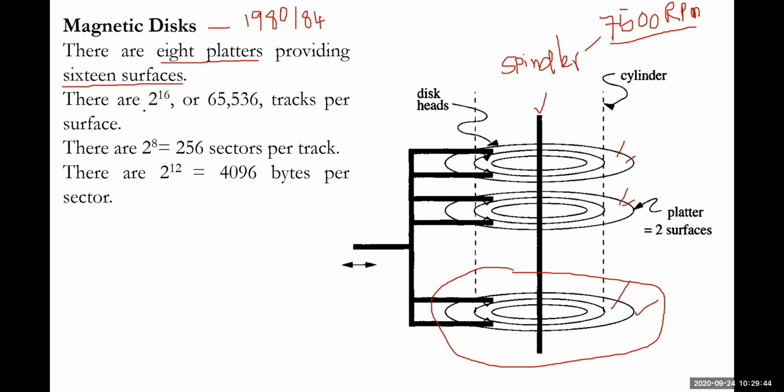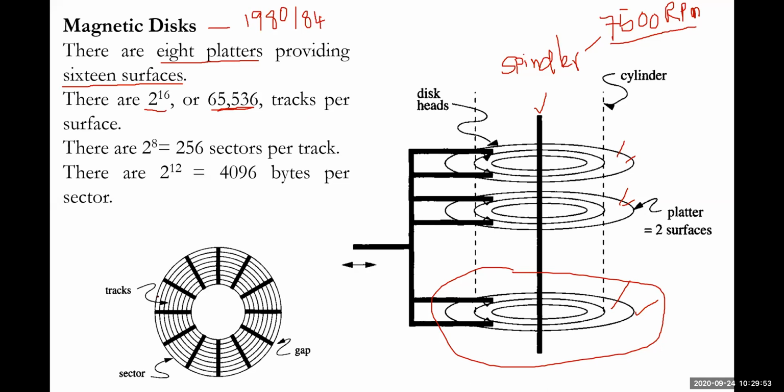We have 2 power 16, otherwise 65,536 tracks per surface. Let me display this also. Look at this. These are all tracks: first track, second track, third track, and so on. In every school we have a running track, which is a circular shape, and the people run through that circular shape.